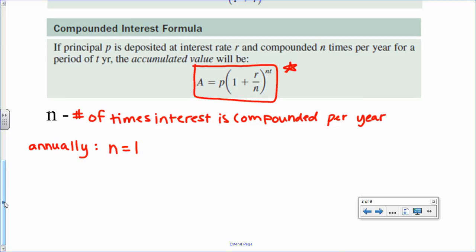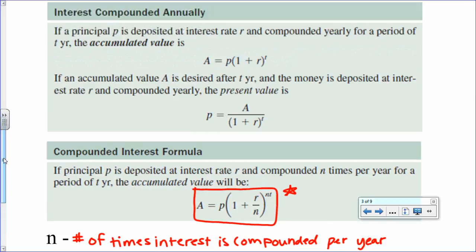So that's why we get this formula here. And again, this one is just nice to know, but not necessary to memorize. Because if N is 1, R divided by 1 is just R. And N times T, T times 1 is just T. So this is just a simplified form because it's annual and it's just 1.